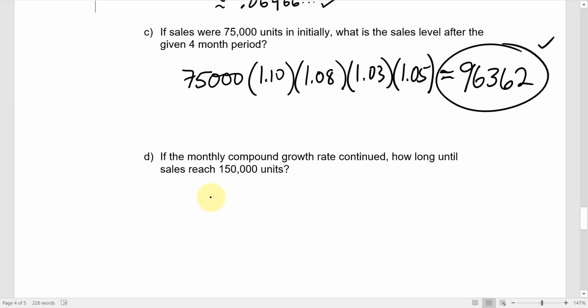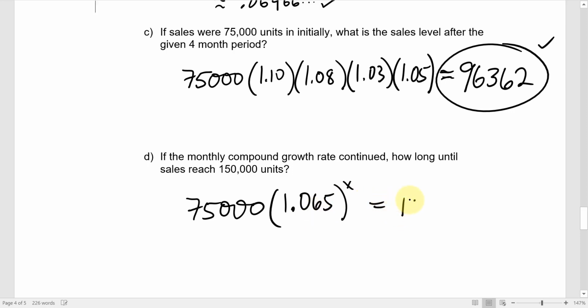If you started with 75,000 and you expect 1.065, approximately 6.5% gain each month, how long until you double? So really I need to figure out what that variable is there. And of course I've rounded up. This is optimistic, hoping that it really is 6.5% increase every month. How long until you hit that 150,000 level?